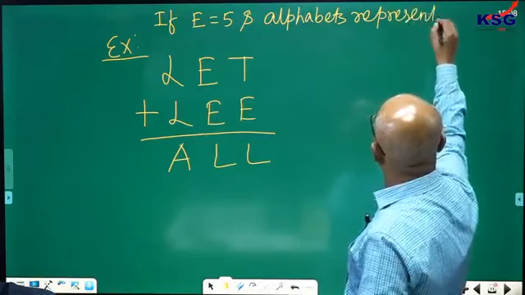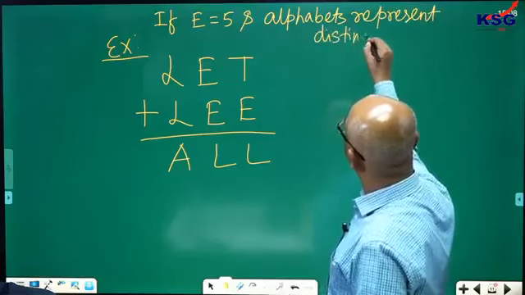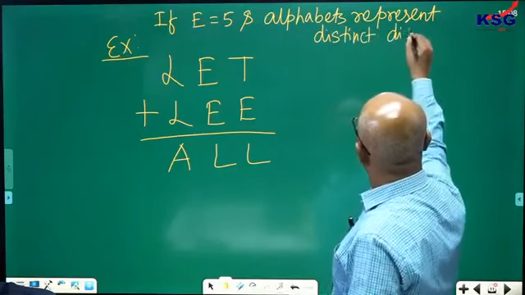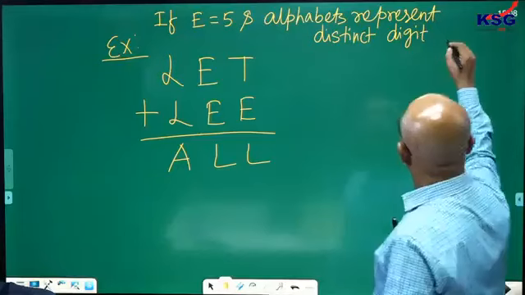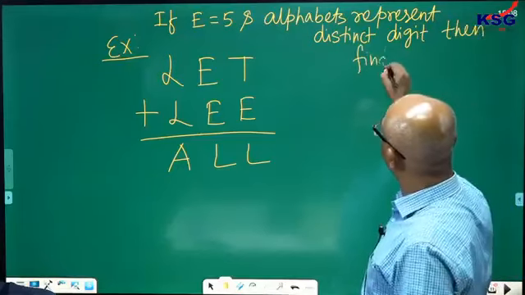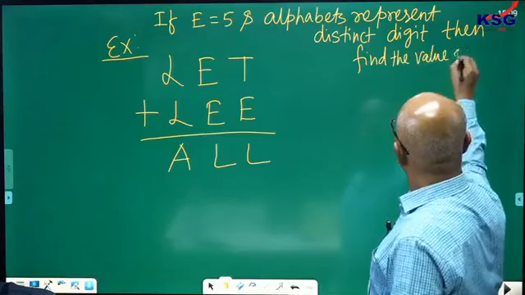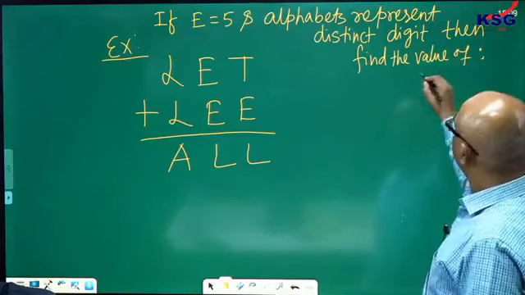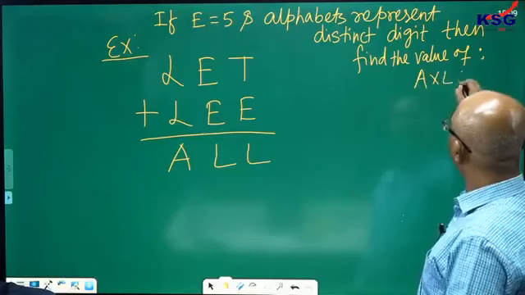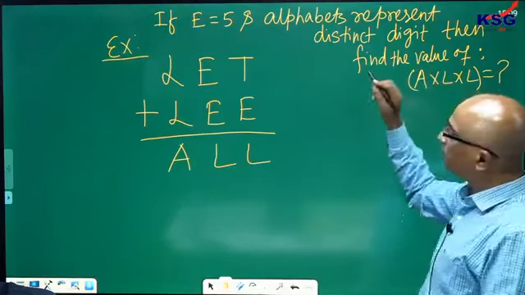First copy this. Then find the value of A into L into L. Student, first copy this.